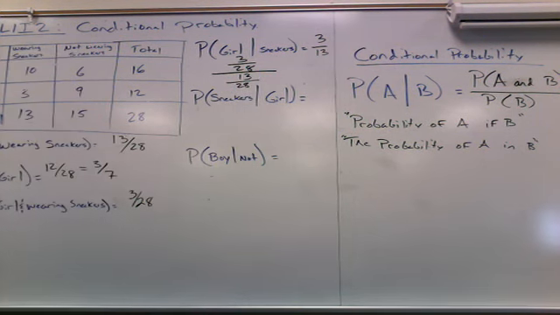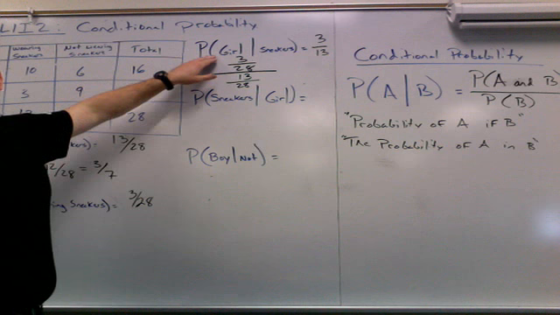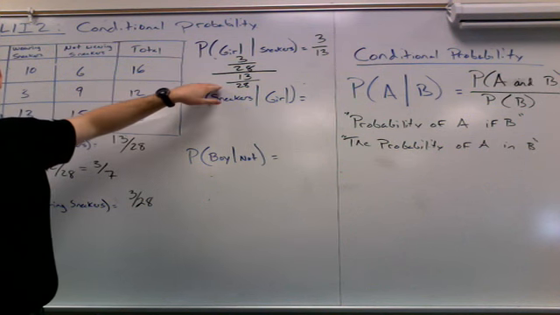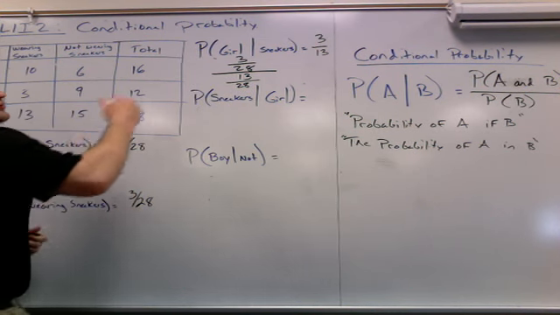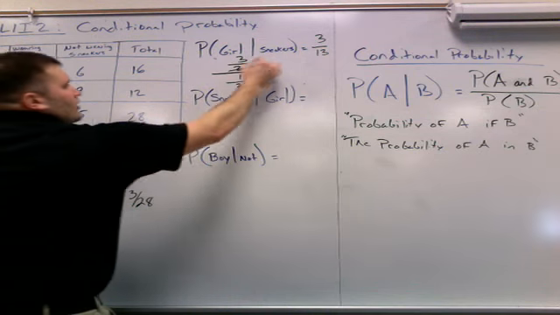And now we get to use a little bit of cool mathematics. You're thinking, we have a fraction divided by a fraction? It can be confusing, right? Do you see something that's on both the top and the bottom? 28. 28 is on the bottom of the top and the bottom of the bottom. So since 28's on the bottom in both, we can cross them out.